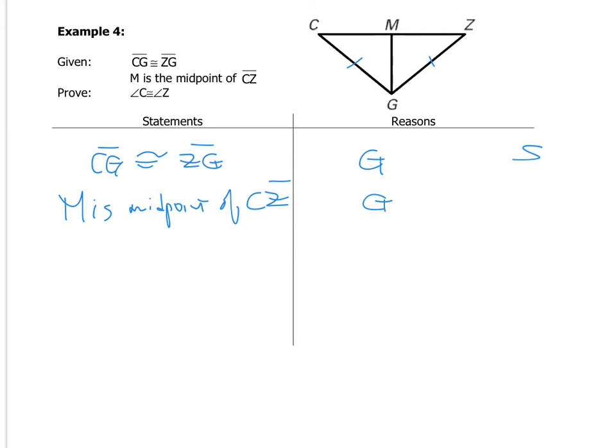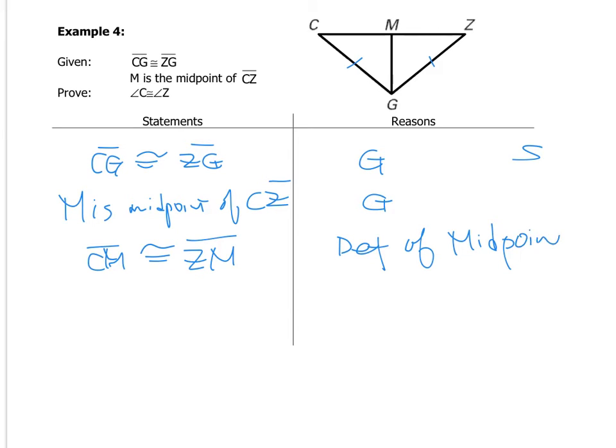That's also given, and because of that, I have CM congruent to ZM, and that's the definition of midpoint. And so now I have my second side, that's my second S right there.